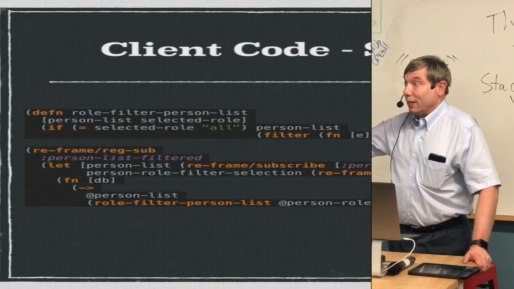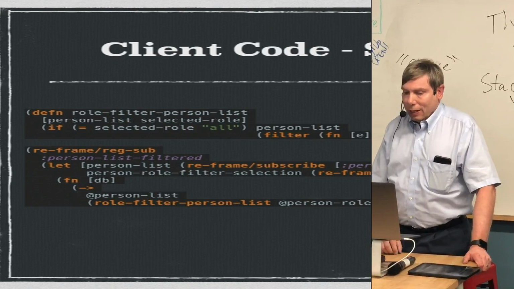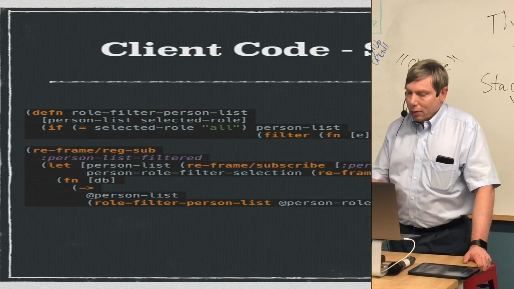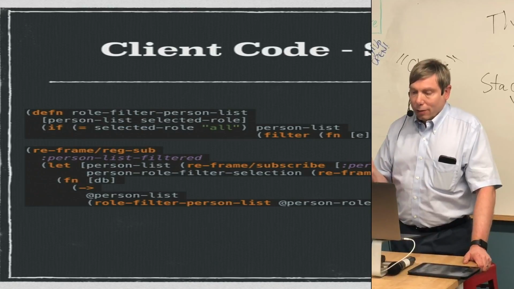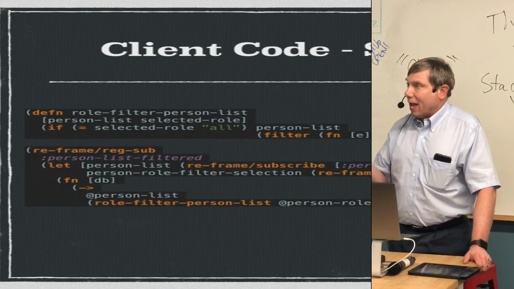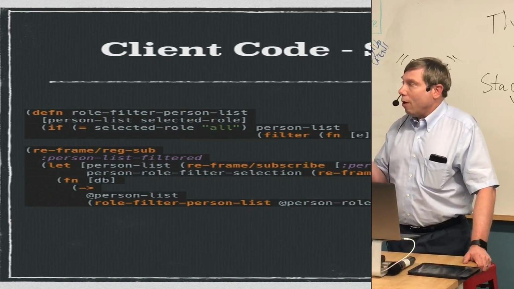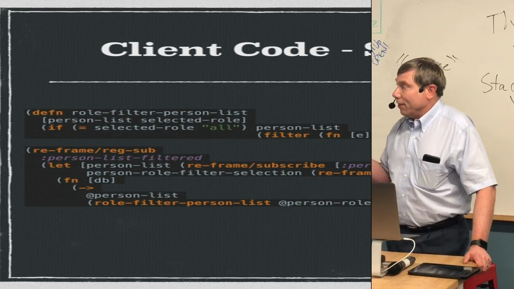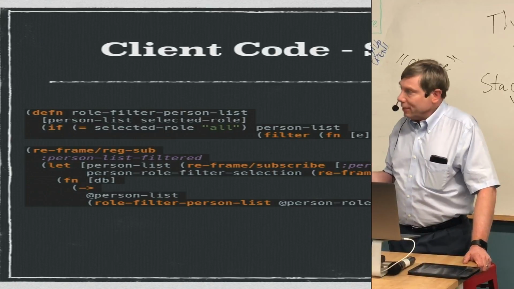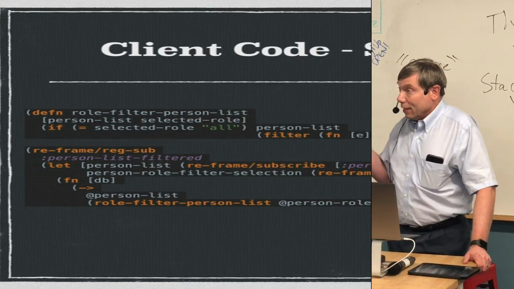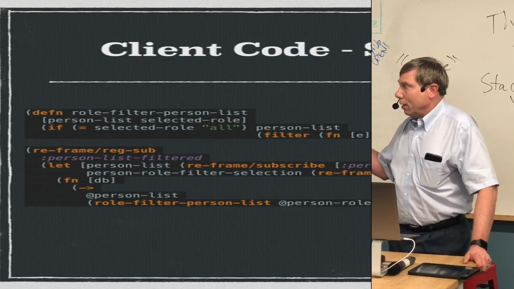It says administrator, client, or all. And I simply call a function that goes across the person list and looks for things that have a matching role. If it's all, it will just return the whole list. If not, it will look for things with a matching role. So it's actually very simple to create that, and there's no GraphQL in here at all.